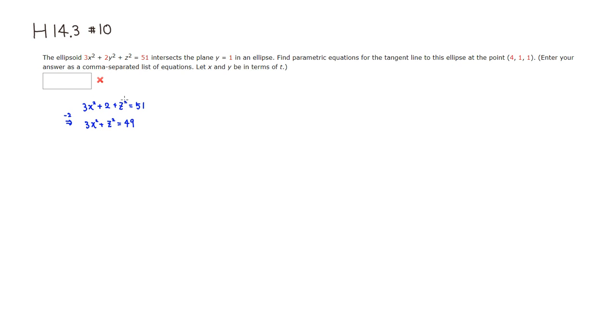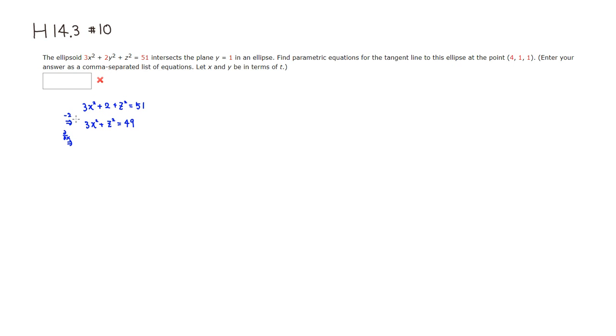So let's find dz, the derivative of z with respect to x. Let's take the partial derivative with respect to x.